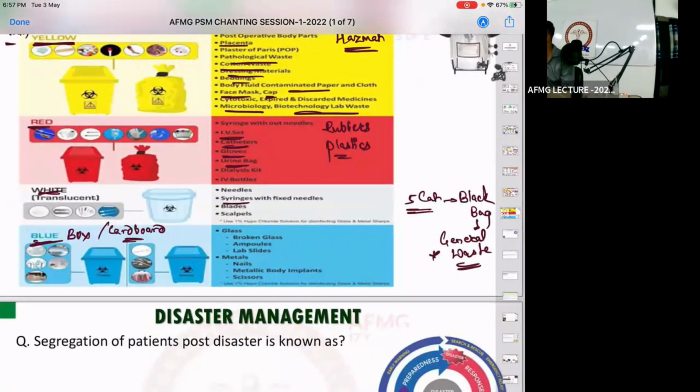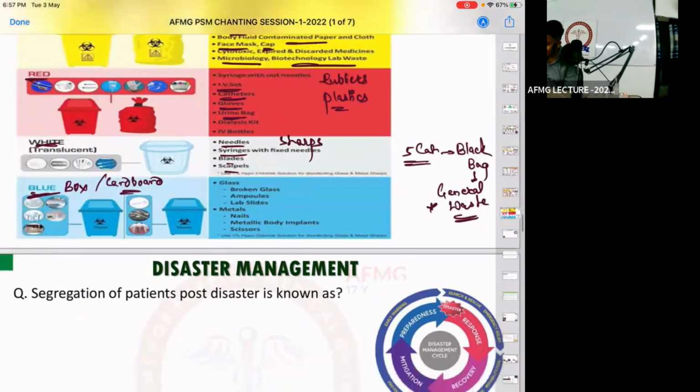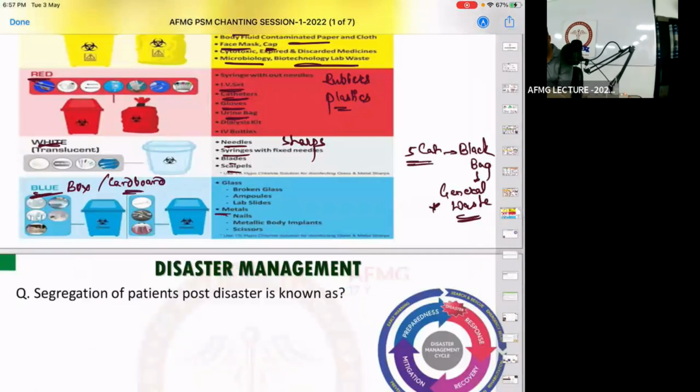Syringes, needles, scalpel blades, sharps, metallic ware, nails, scissors, metallic body implant, pacemakers. If it is metallic, blue. Plastic, red. Glove, ampules, blue. Glass ampules, blue. Vaccine vials, wires, broken glass, blue. No issues with this.